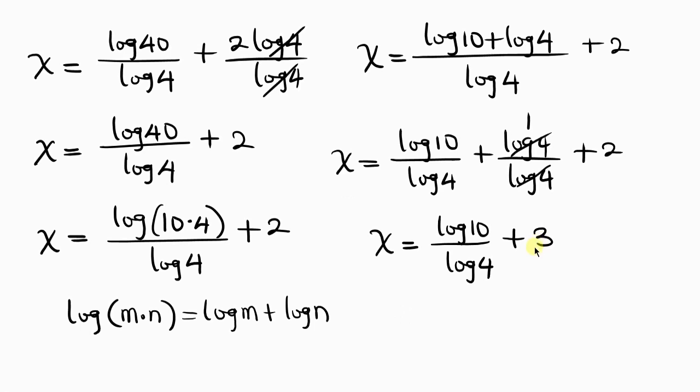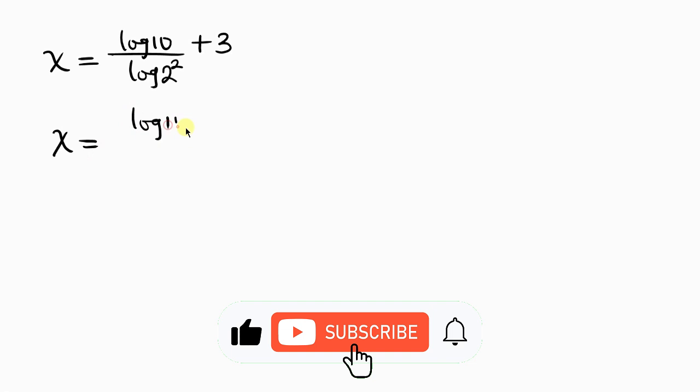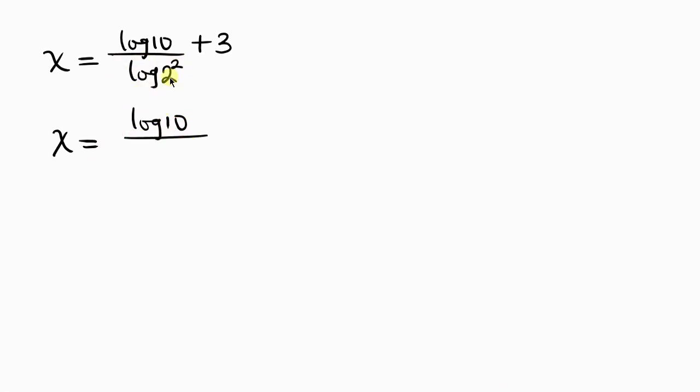And then simplifying further, we have x to be equal to log 10 all over log 4. 4 is same as 2 squared, and then plus 3. And this results to x equal to log 10 all over the denominator, applying the power law of logarithm, becomes 2 log 2.